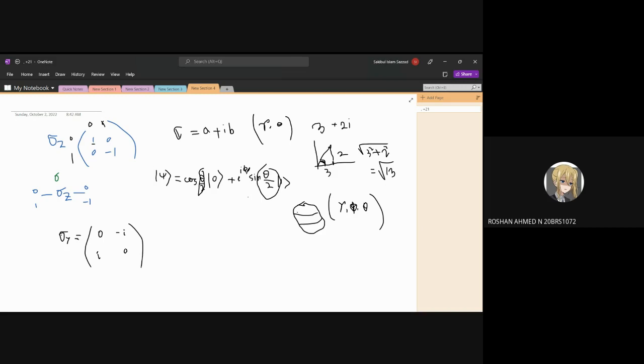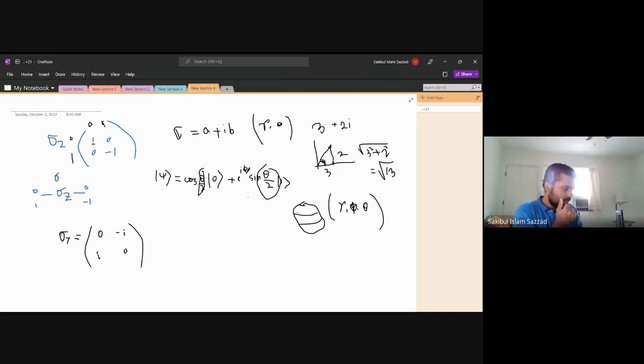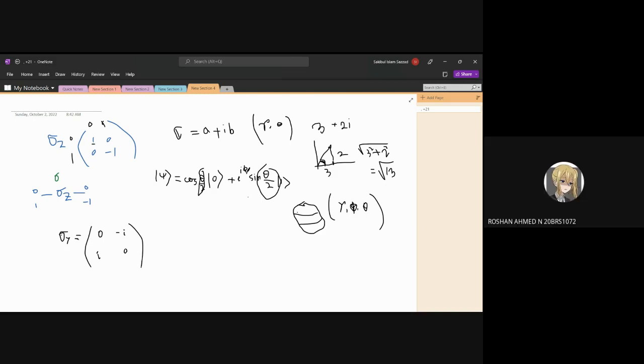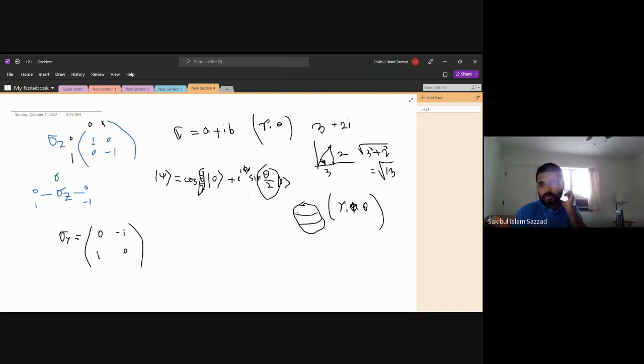But then what does a negative probability mean here, like in i sin theta by 2? I think in quantum computing we don't deal with negative probability. The probability has just the absolute value, because when we measure, it must collapse.